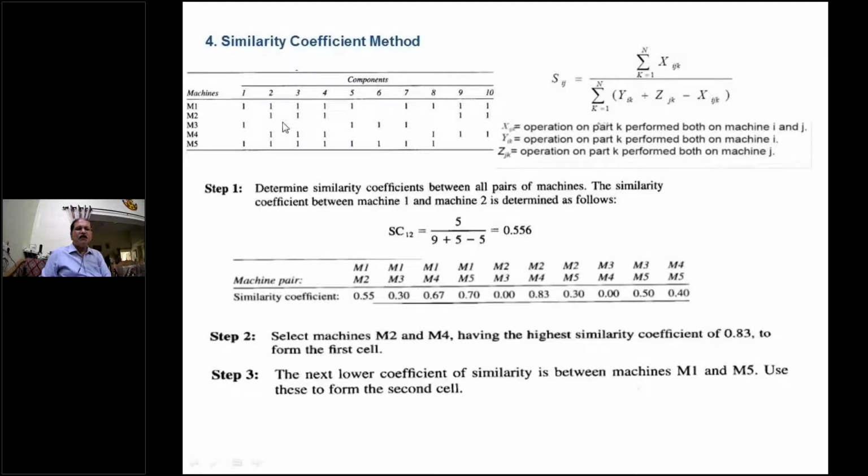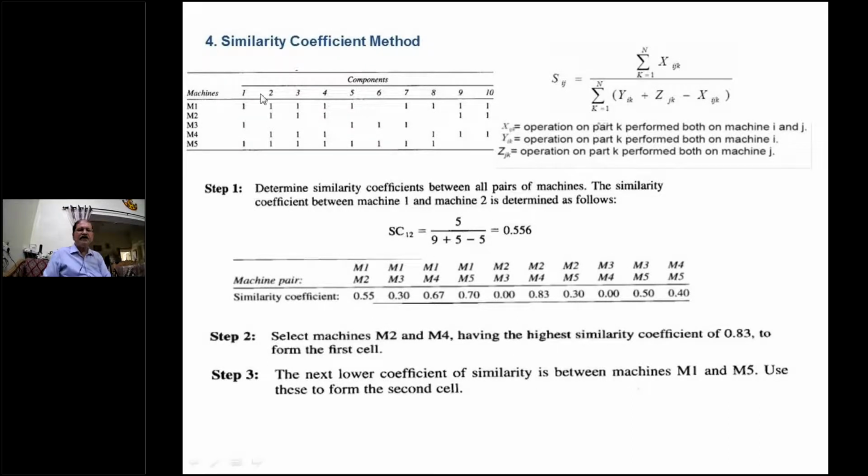That is, what are the components that are processed in both the machines. So part 2, part 3, part 4, part 9, and part 10 are processed in both the machines. That is, 5 components are processed in both the machines.